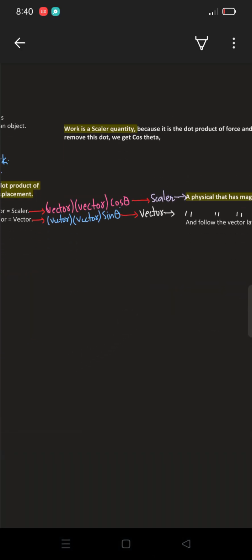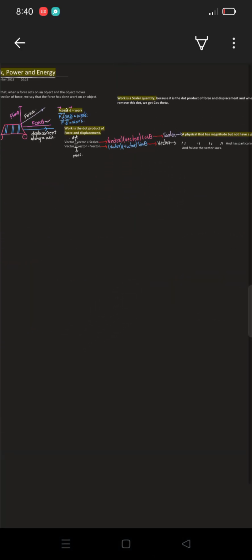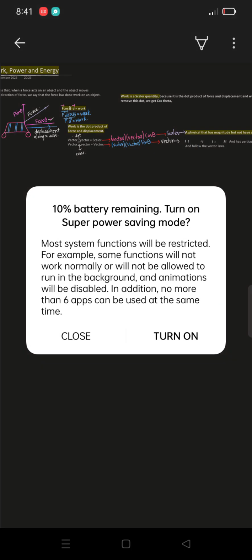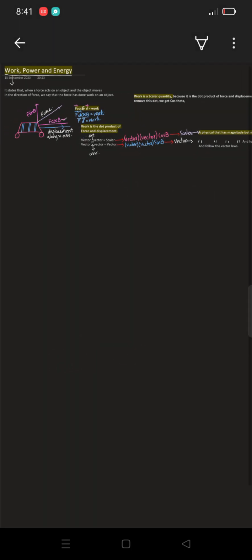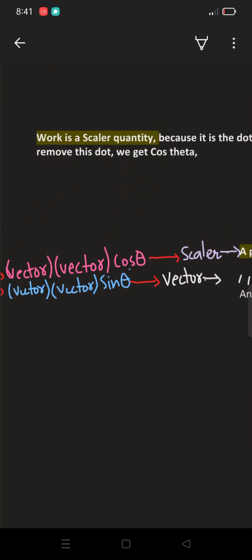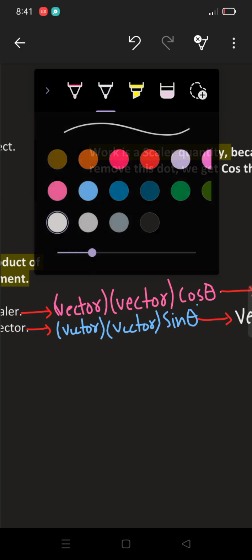And we know that when there is a dot between two vectors, it will always give us a scalar quantity, not a vector quantity. And when there is a cross between two vectors, it will give us a vector product. So work is a scalar quantity.